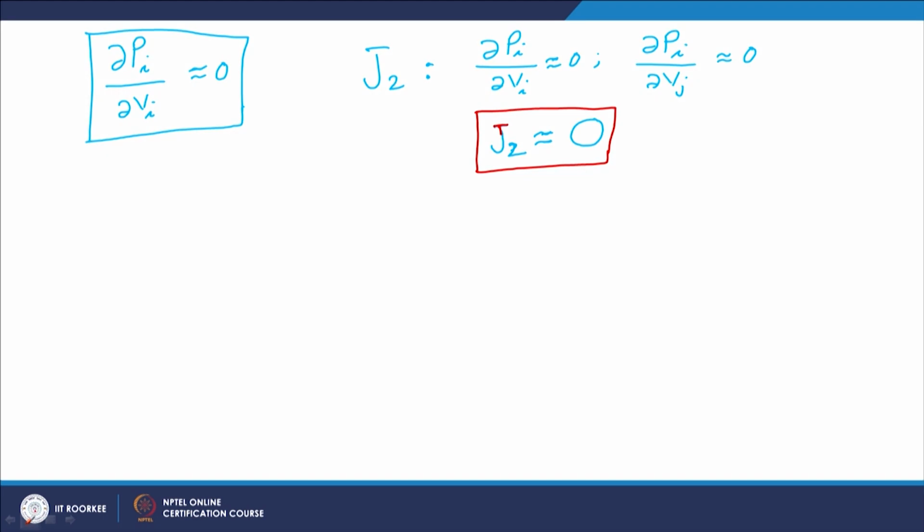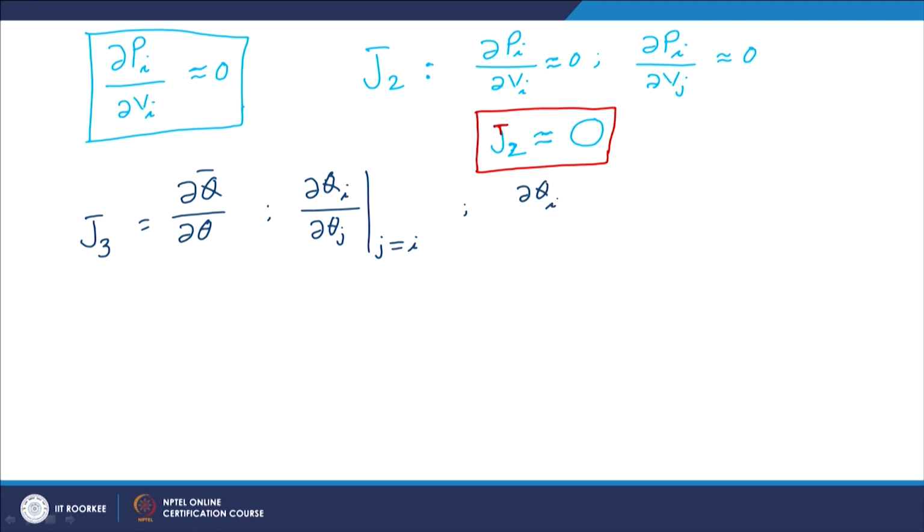Now, let us look at this matrix J3. So, we have matrix J3, that is basically del q by del theta. So, we know that it has got two terms, del q_i by del theta_j, where one is j equal to i, and another is del q_i by del theta_j, where j is not equal to i.